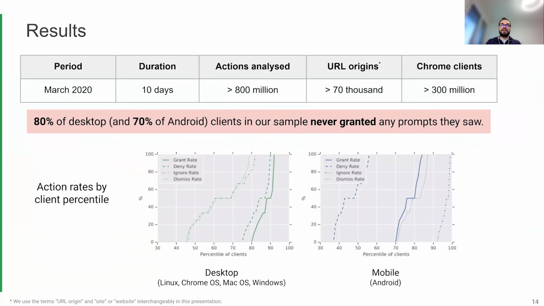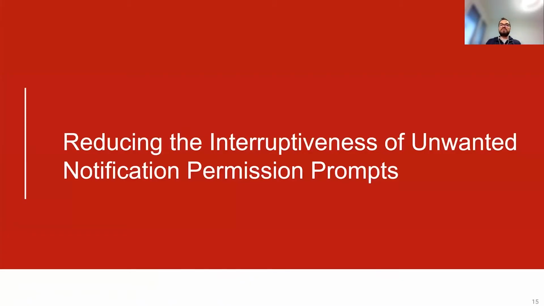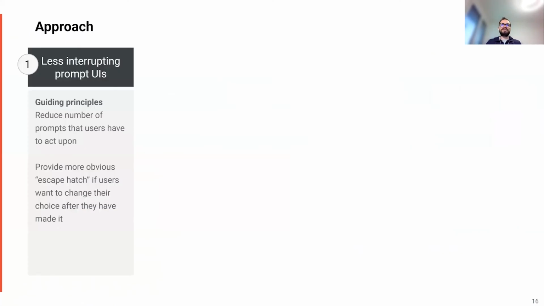It is therefore important to minimize the effect of any change we make for the users who want to get the notifications. And that is what we try to achieve next, that is, to reduce the interruptiveness of unwanted notification permission prompts. To get there, first, we redesigned the notification prompt UI to make it less interrupting.